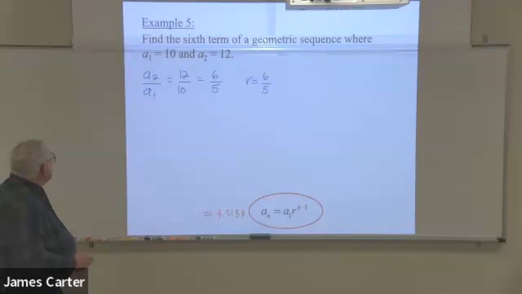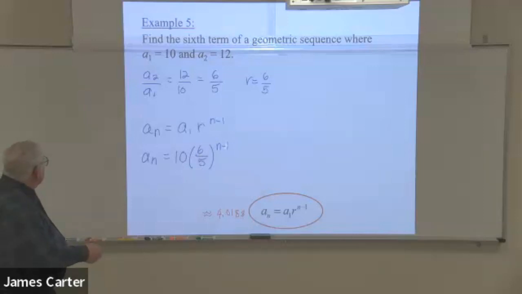In this case, our formula would be first term times common ratio to the n minus 1. Here we have 10, which is the first term, and the common ratio, and then n minus 1. If we want to know the sixth term, we're going to replace this n with a 6.